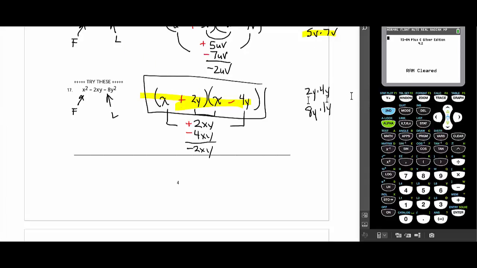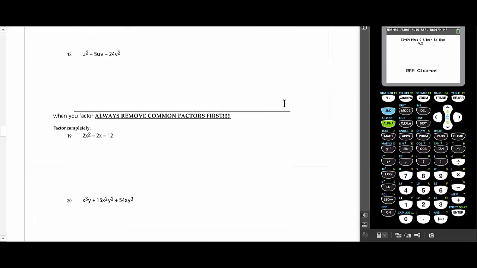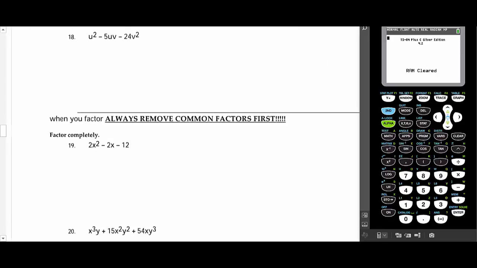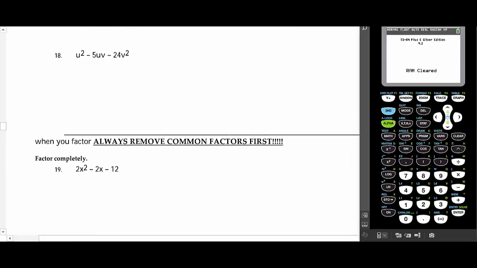That's good. Okay, next one's got a U and a V in it. So this one is going to go like this. So the first term is U and U. And then the last term is going to be 24. So the possibilities for 24 are going to be like 1V and 24V, 2V and 12V, 3V and 8V, and 4V and 6V.